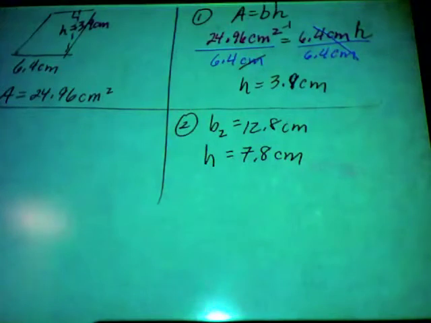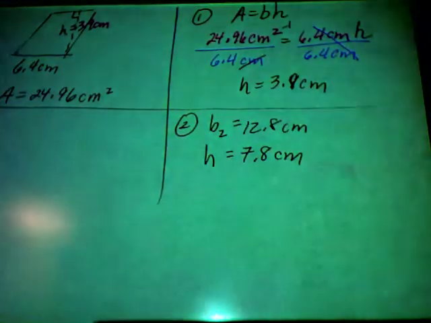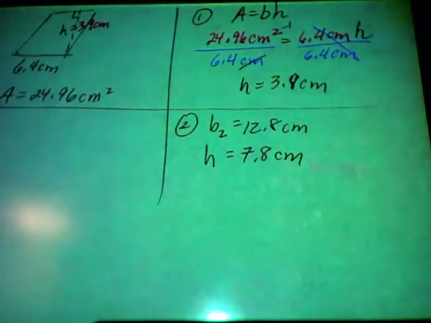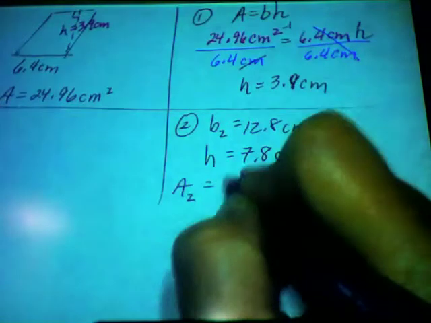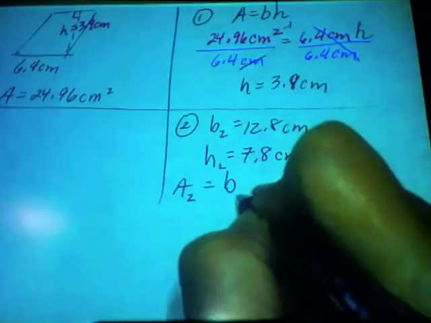What do you expect is going to happen to your area if I double mine? What do you propose? What's going to happen to area? Is it going to double, quadruple? What do you think? Doubled? Okay, well, let's see. So my area sub 2 is equal to base sub 2 times height sub 2. My second base and height.